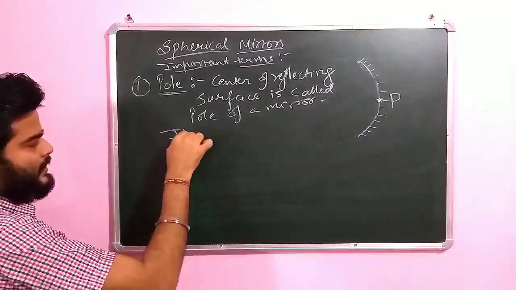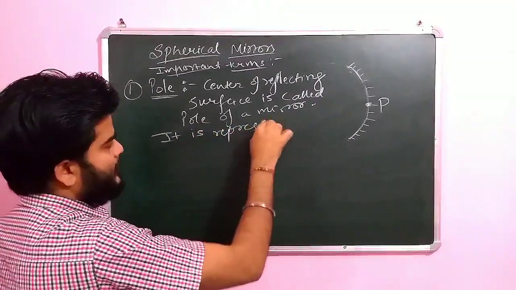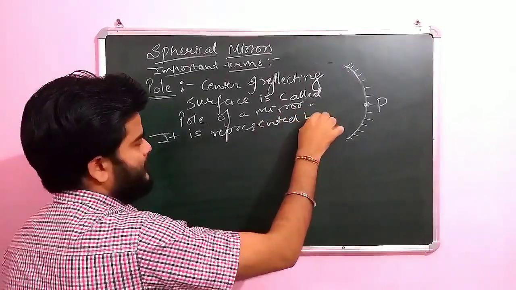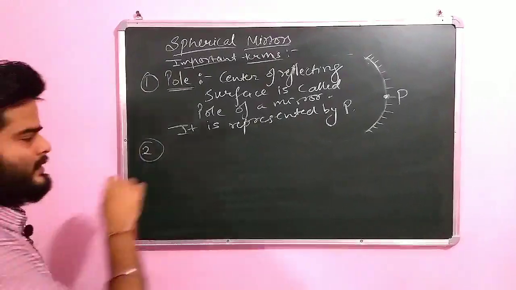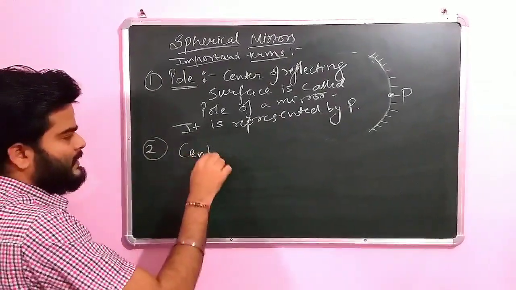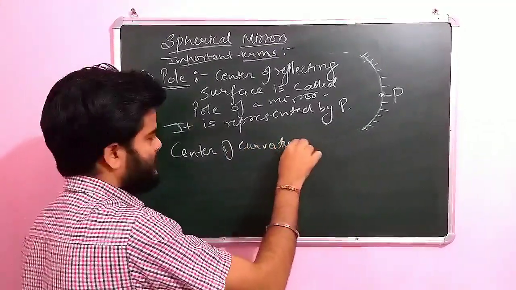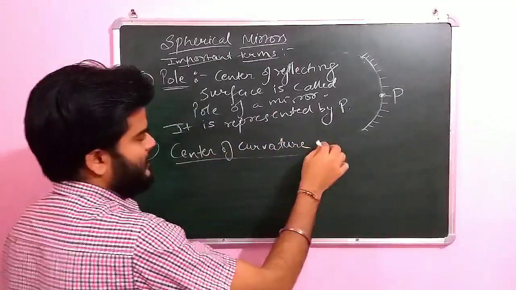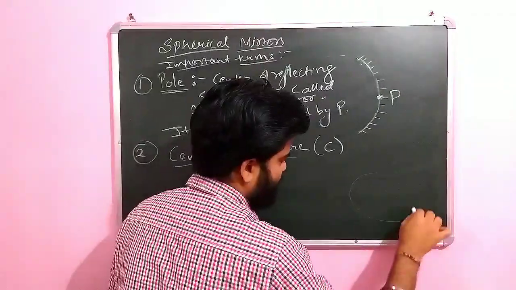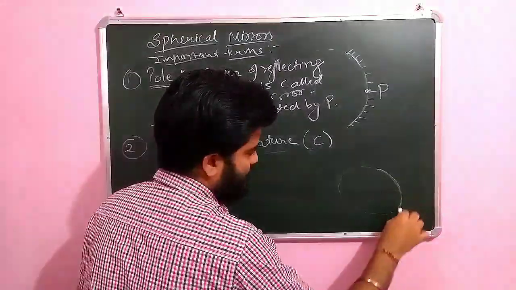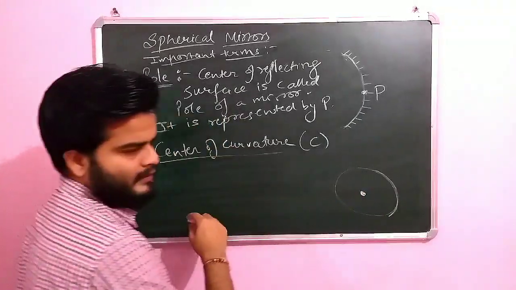It is represented by capital letter P. Now the next term is center of curvature, which is represented by C. Now you can see if this is a sphere and this is a reflecting surface, this sphere must have a center.